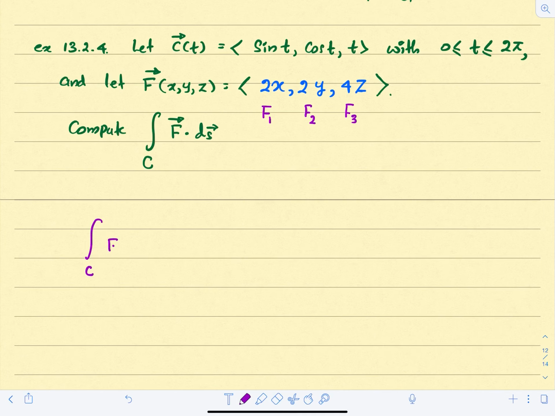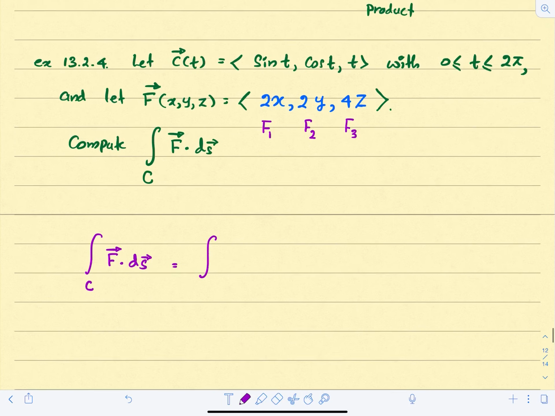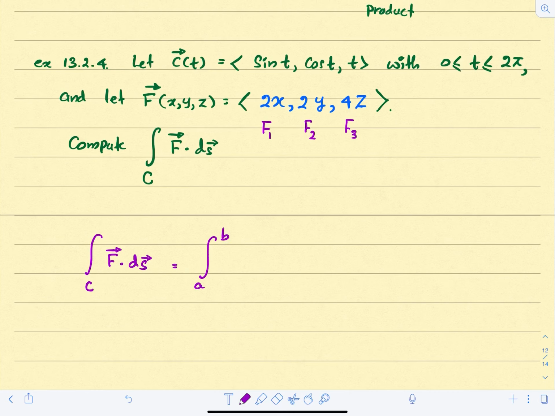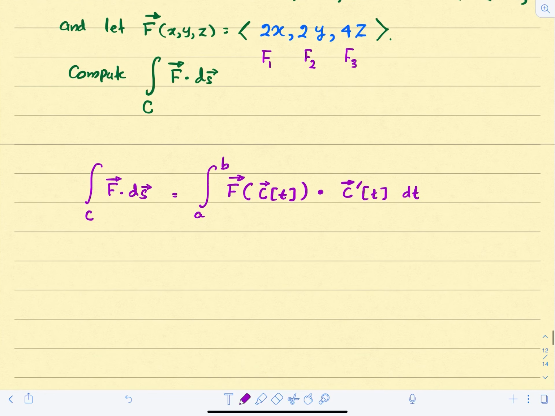Now using this definition, the line integral of vector field f dot ds equals the line integral from a to b of vector field f on the curve c of t dot c prime t dt. Now as you can see, when we take the dot product between two vectors, you will get a scalar function.